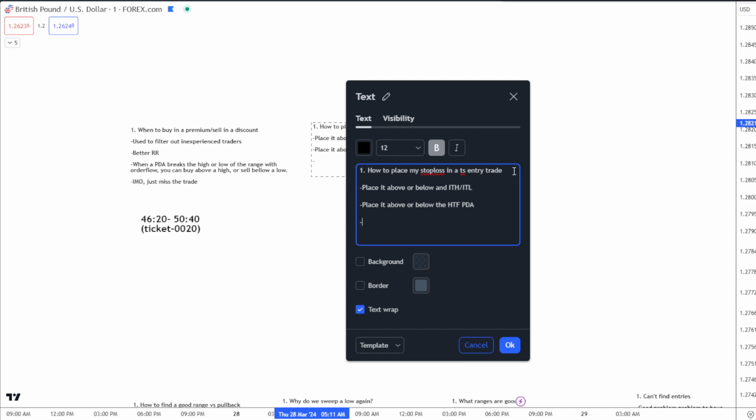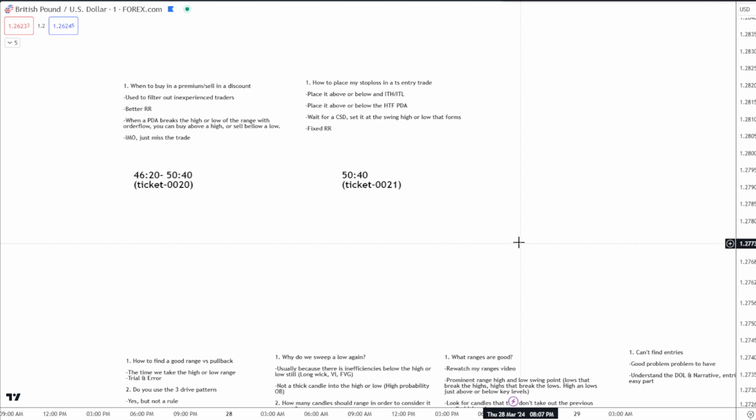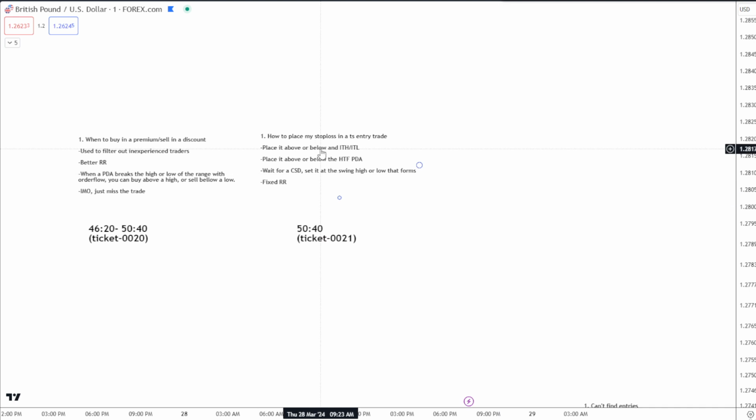So I'll typically do the CSD stop loss because it's typically the safest and the best R. Wait for a CSD, set it at the swing high or low that forms, and then the fourth would be a fixed R. Okay, so placing above an intermediate high or low to the left of the chart, pretty straightforward.